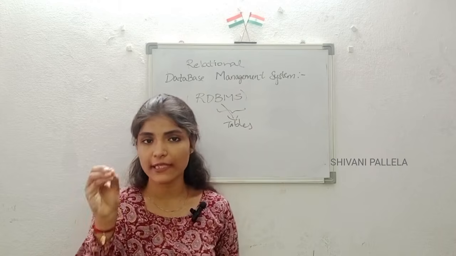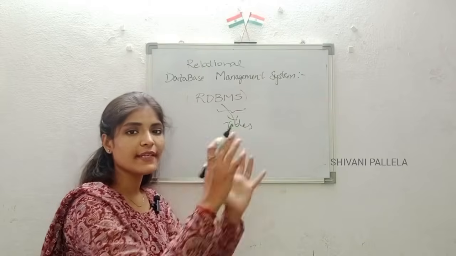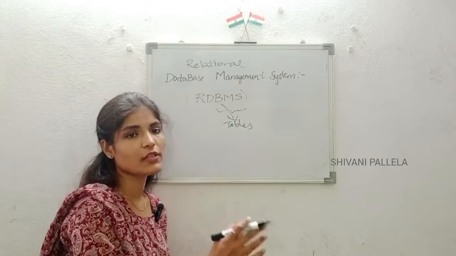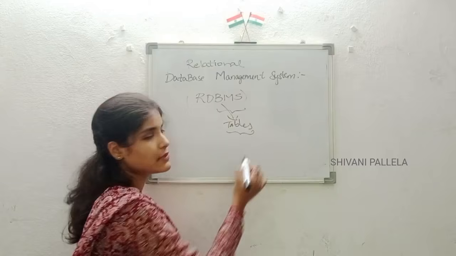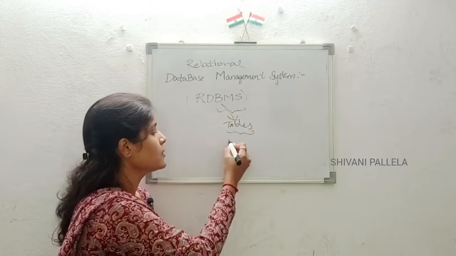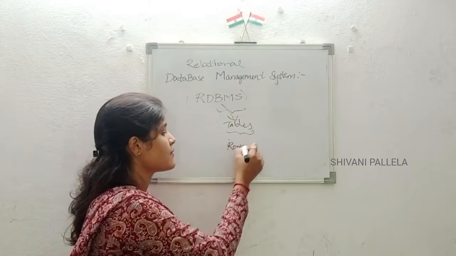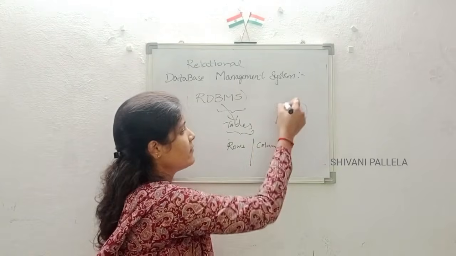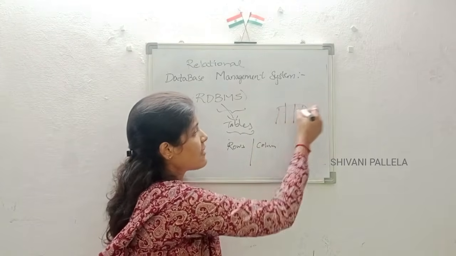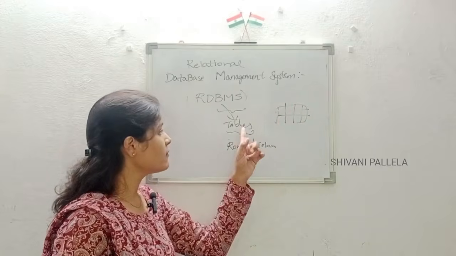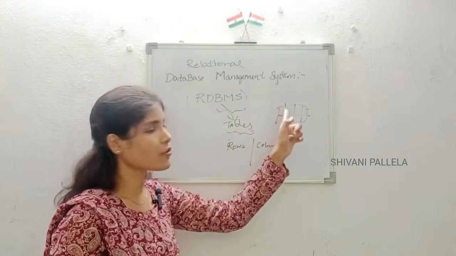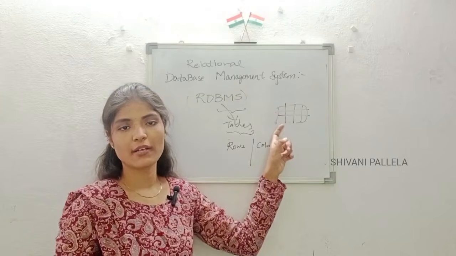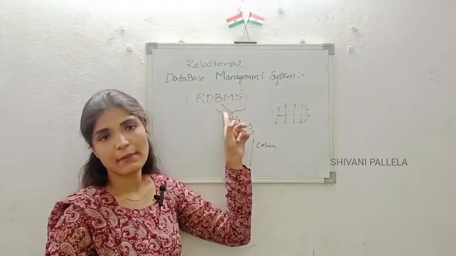After converting it into the DBMS, we organize the information in the form of tables. In a table, we will have rows as well as columns. With the help of rows and columns, the data is organized in RDBMS.